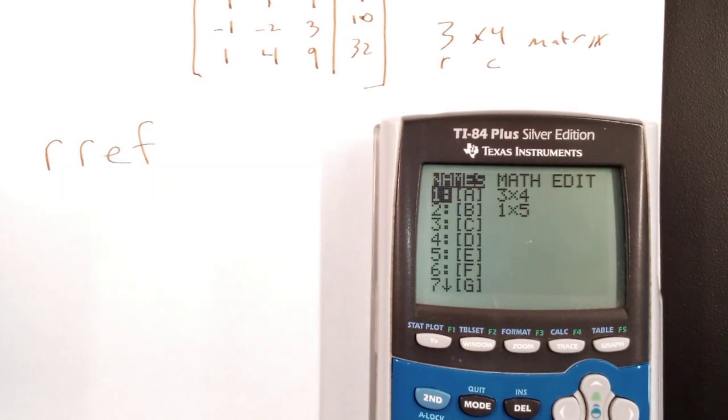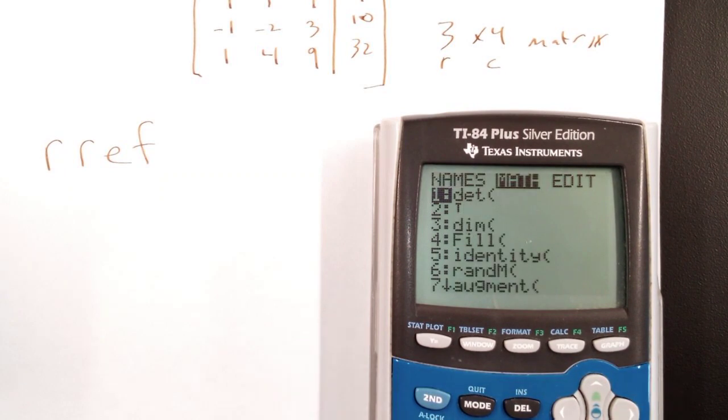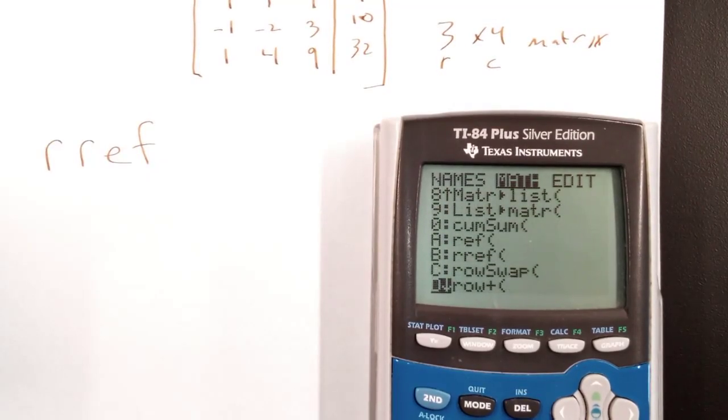The first column is where I just have the list of all the matrices. The middle column says math. The middle column is where I can do things to a matrix. I can do all sorts of things to a matrix. See that little arrow at the bottom next to the 7? Means there's more stuff going down. So let's go down. Hey. What's option B?